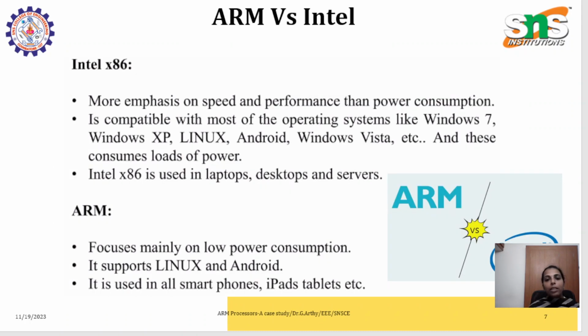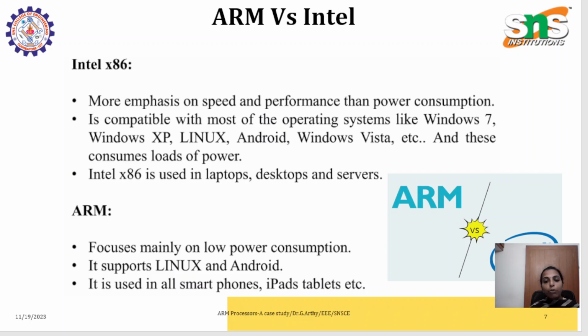ARM versus Intel. Intel gave more emphasis to speed and performance than to power consumption. But ARM focuses on power consumption too. Intel is compatible with most operating systems like Windows 7, XP, Linux, Android, and so on, which consume lots of power. Intel is used in laptops, desktops, and servers. ARM supports Linux as well as Android.